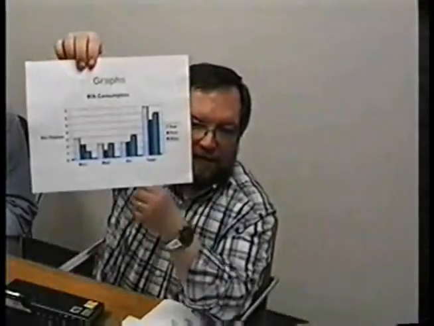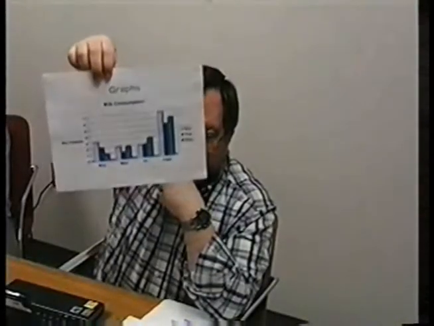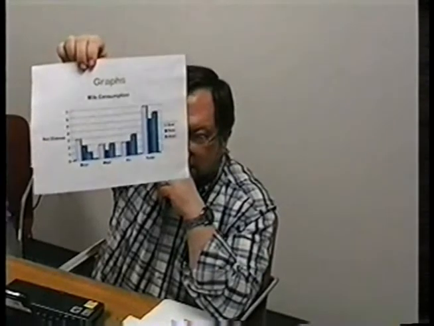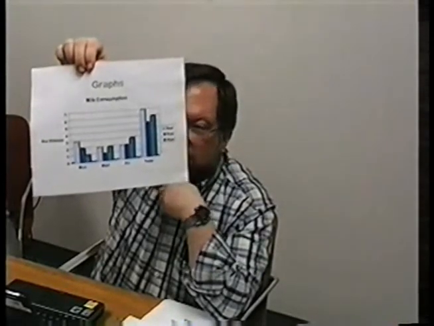Graphs are another way to show data, and they are particularly helpful. Again, it's like a picture, which is worth 1,000 words. Here's a graph of 3 different elements over 4 different days. This is what we call a bar chart.